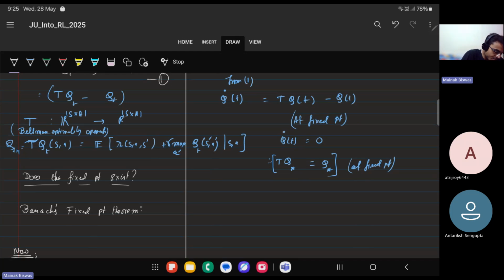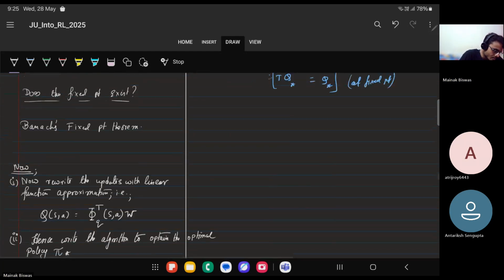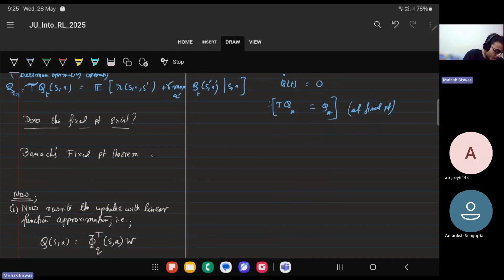We can say that. So Banach's fixed point theorem, just state it here.